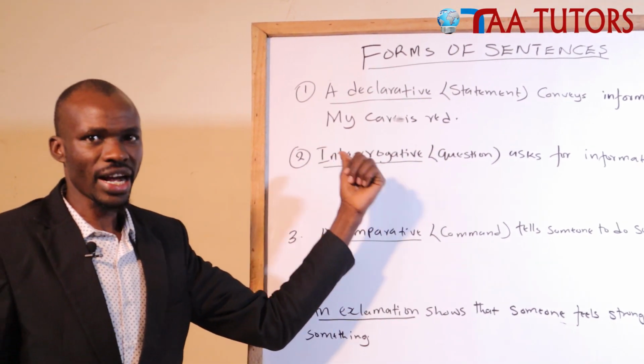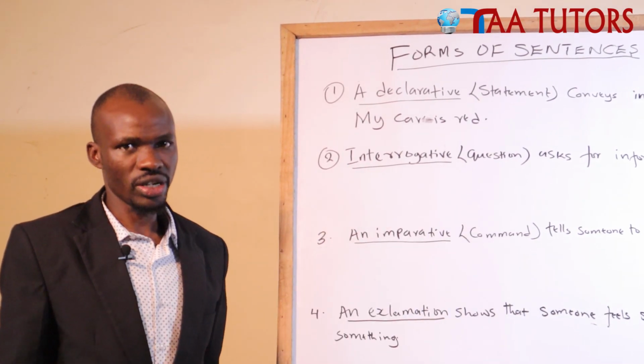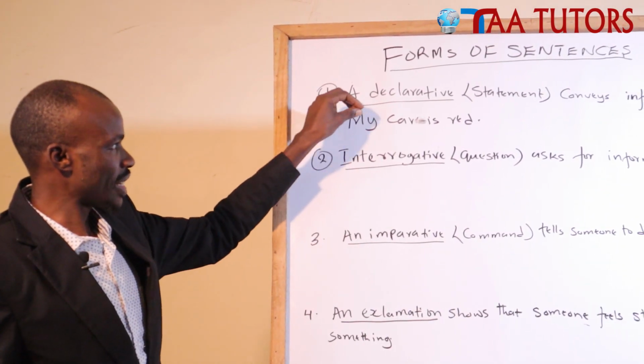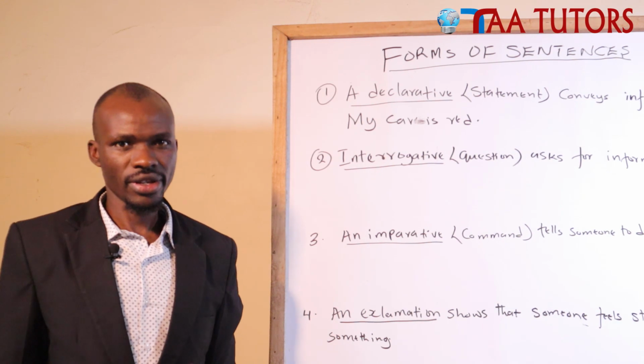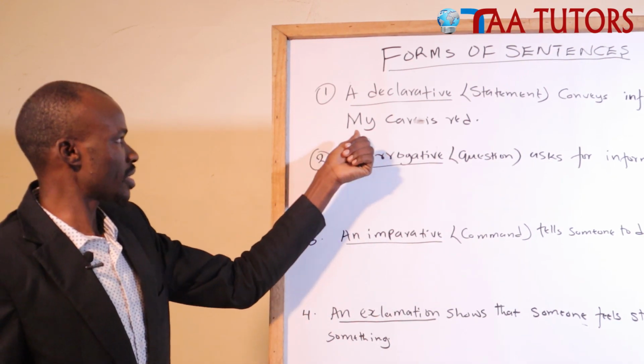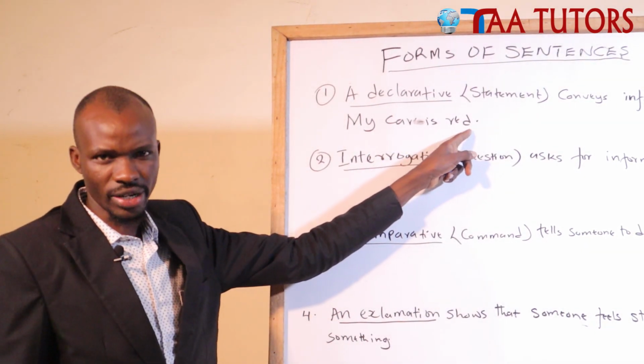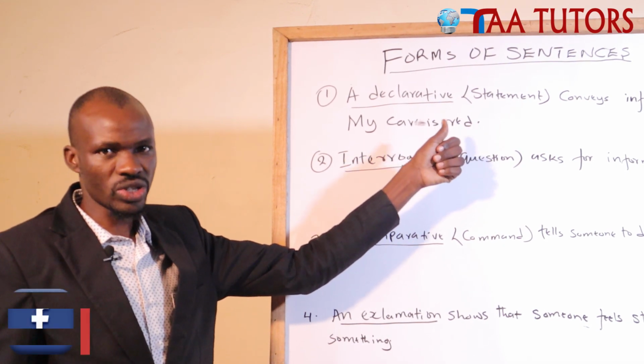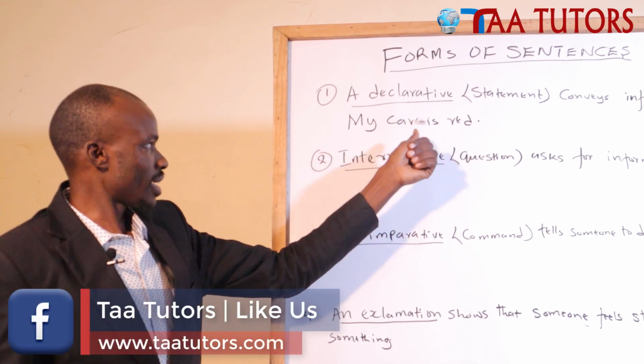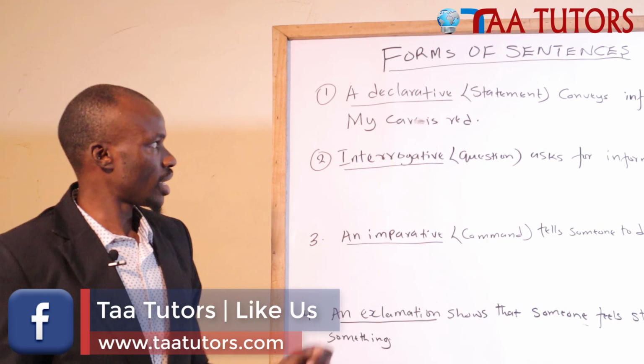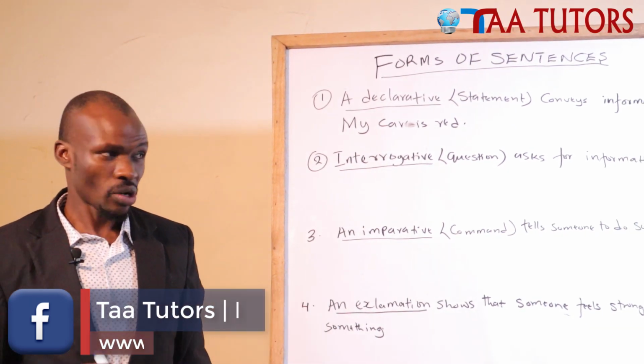If I say my car is red, that is an information. And this is what we call a statement sentence. A statement sentence has to be punctuated, and the punctuation mark used to end a statement is a full stop.